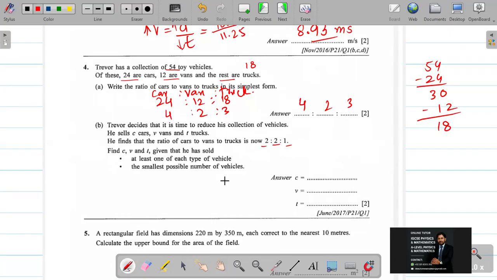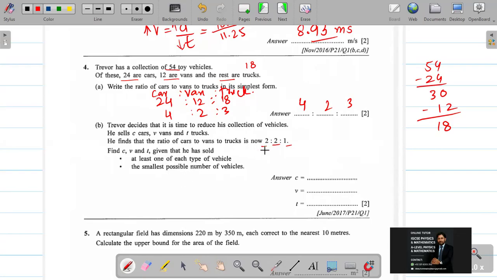Find C, T, V, given that he sold at least one of each type of vehicle, and the smallest possible number of vehicles.